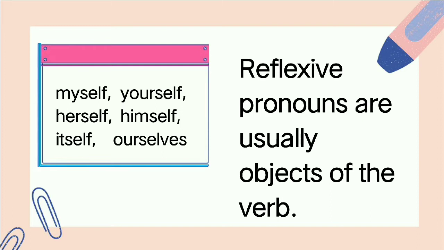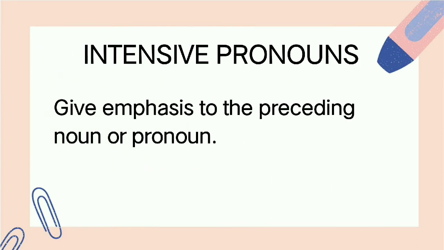Now let's go to another pronoun, and that is intensive pronouns. When the reflexive pronoun is used to emphasize the noun, it is called an intensive pronoun. They are used to say something forcefully. Okay, let's take these examples.